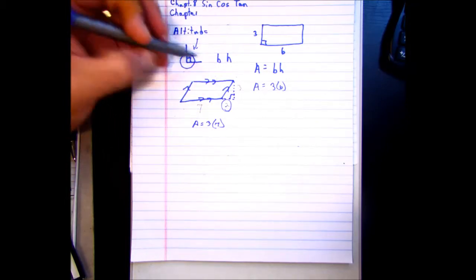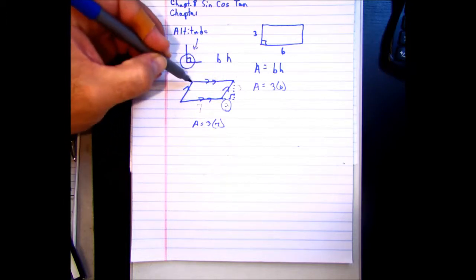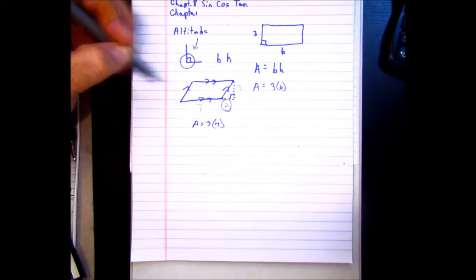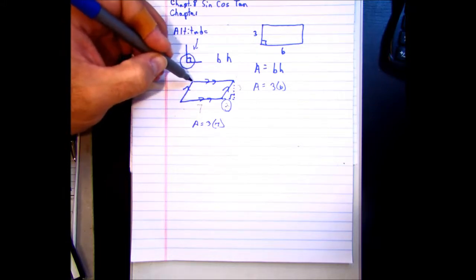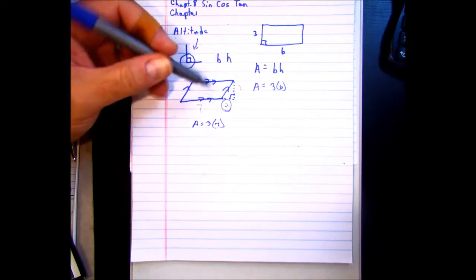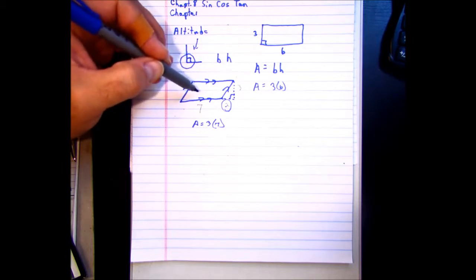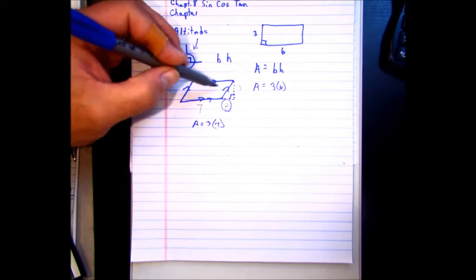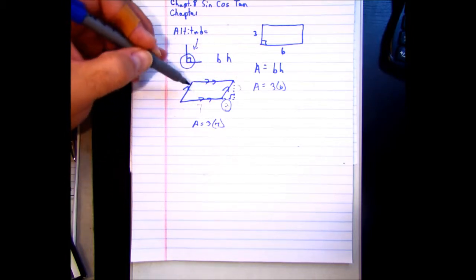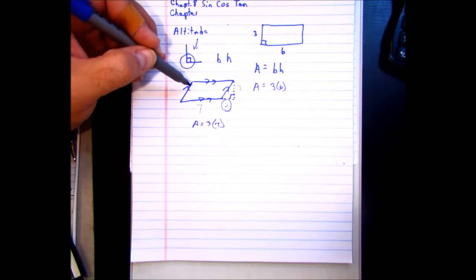Okay? What I'm saying is if we take this original shape and I were to tilt it more or stretch it out a little bit more, the area inside would still maintain the same number. It would just look different.